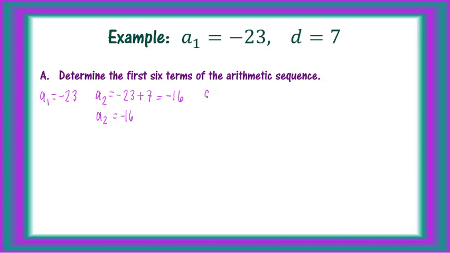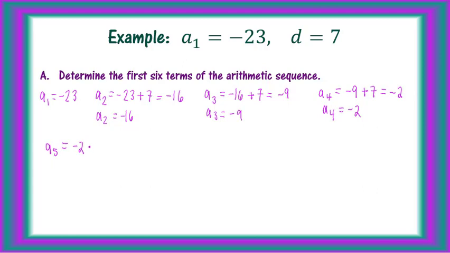And then a sub 3 equals negative 16 plus 7, which gives us a negative 9. A sub 4 equals negative 9 plus 7, which leaves us with negative 2. A sub 5, I simply take my term from a sub 4, which is negative 2, and I add 7, giving me 5.